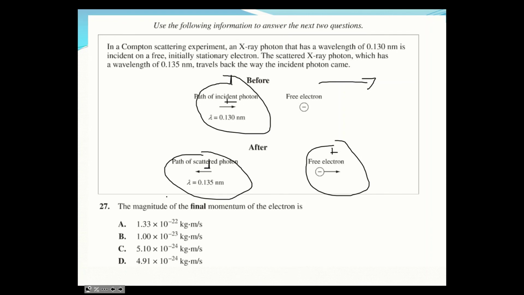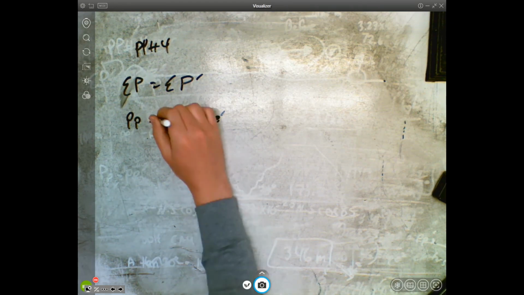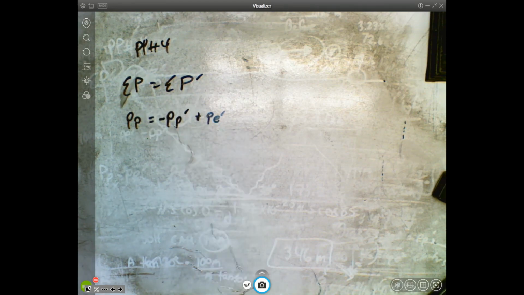We'd assign those negatives to the velocity before, but this doesn't have a velocity, so we have to make sure that we still assign that negative value to this, right? And that's the number one mistake that people would make. We have to make sure that we make this momentum negative, and we can plug it in like that, or we can make our wavelength negative, whatever we want to do.